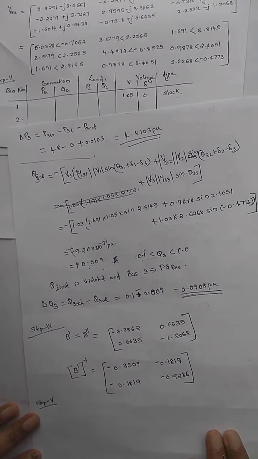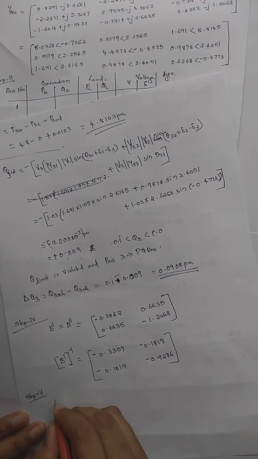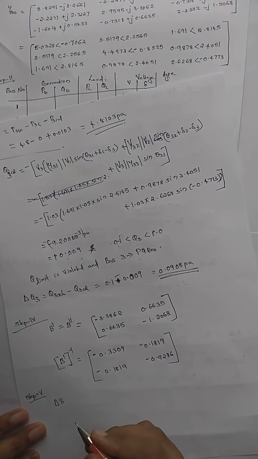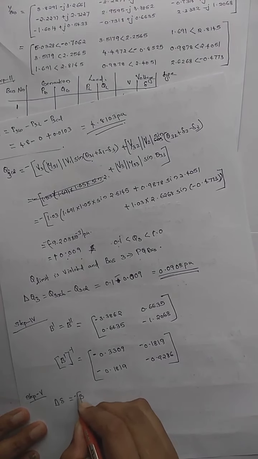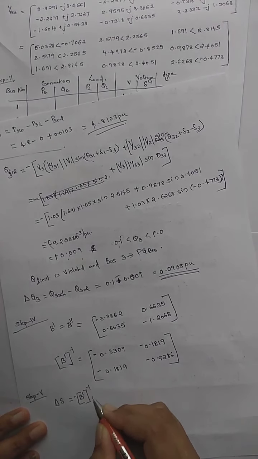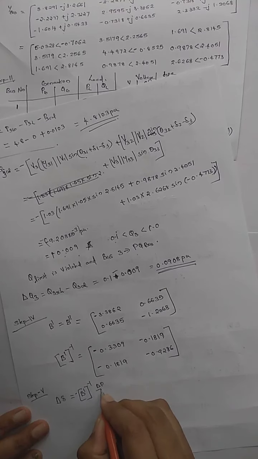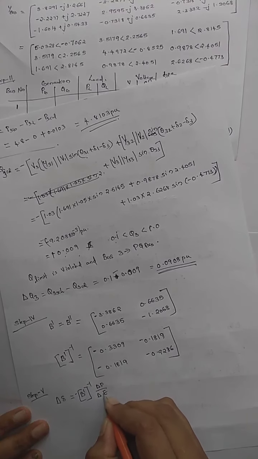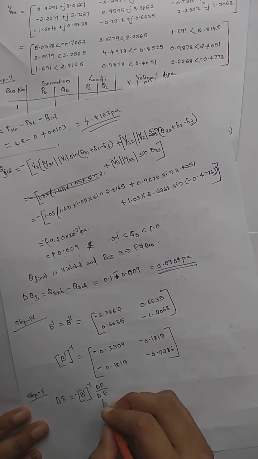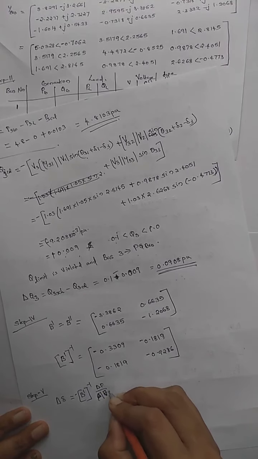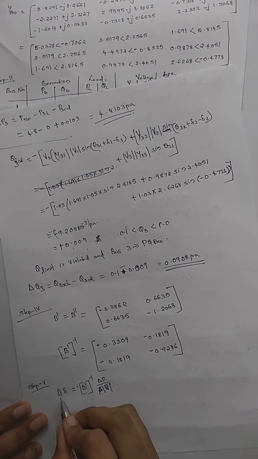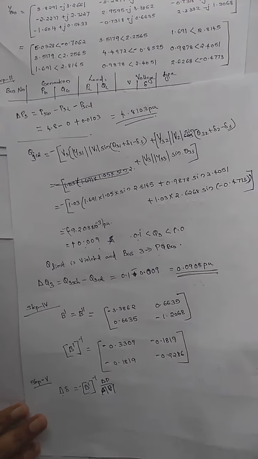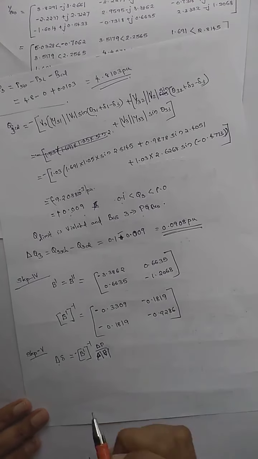In step 5 we are going to find our delta equation. What is the delta equation? It is equal to minus of B dash inverse into delta P by V, since we are using the V term. So what are the matrices I have got for delta?